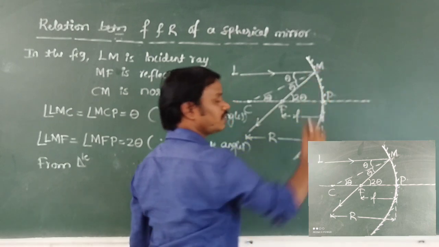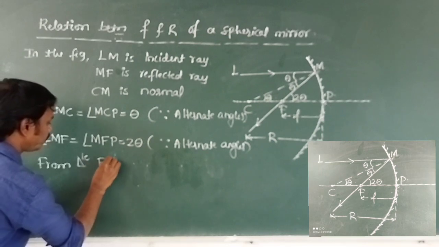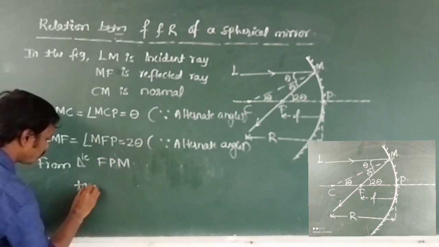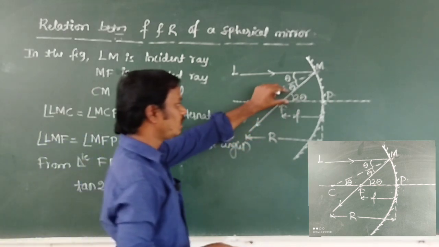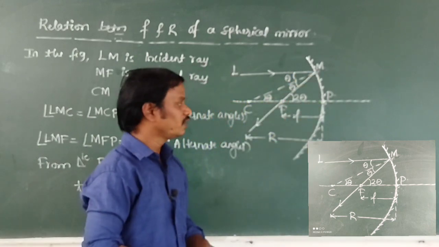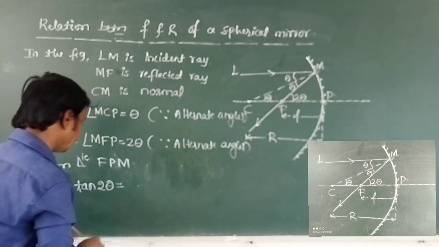From the right angle triangle FPM, tan 2 theta is equal to opposite side divided by adjacent side. Which is the opposite side for 2 theta? That is MP.